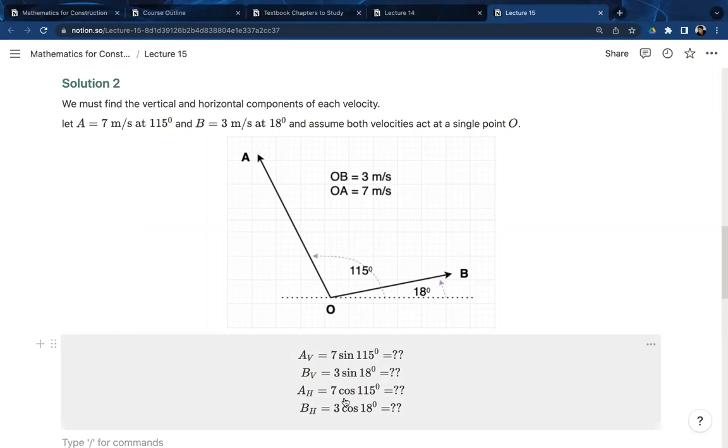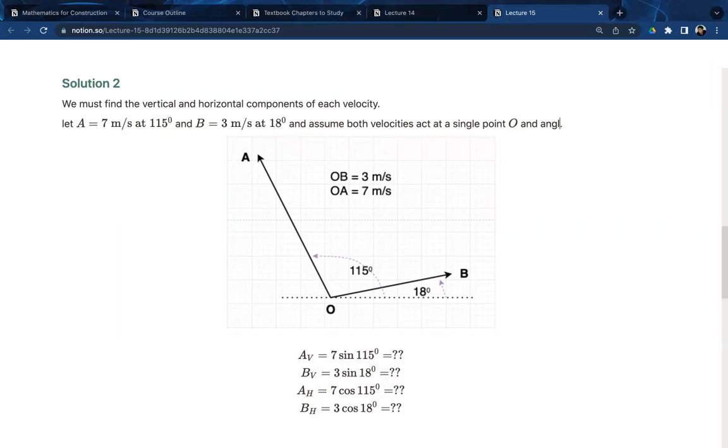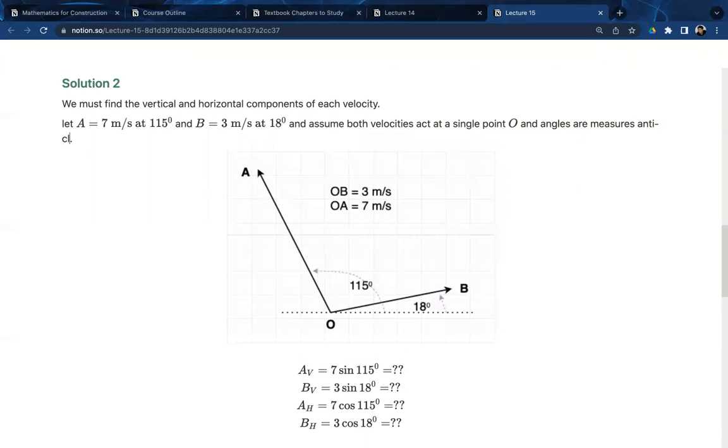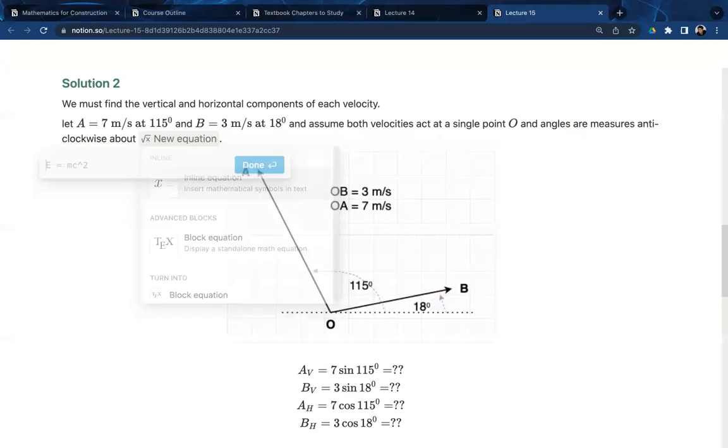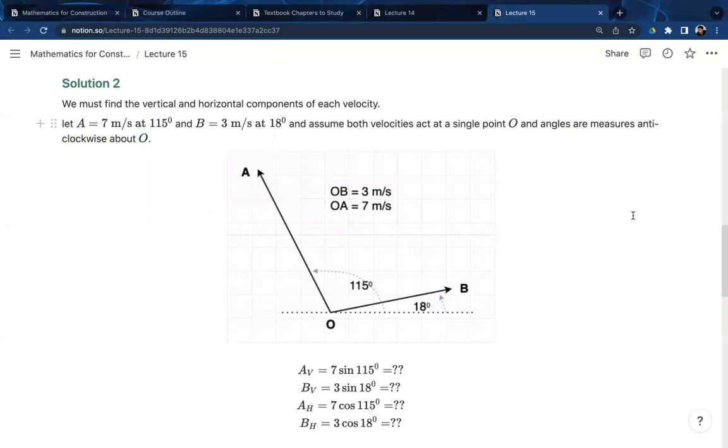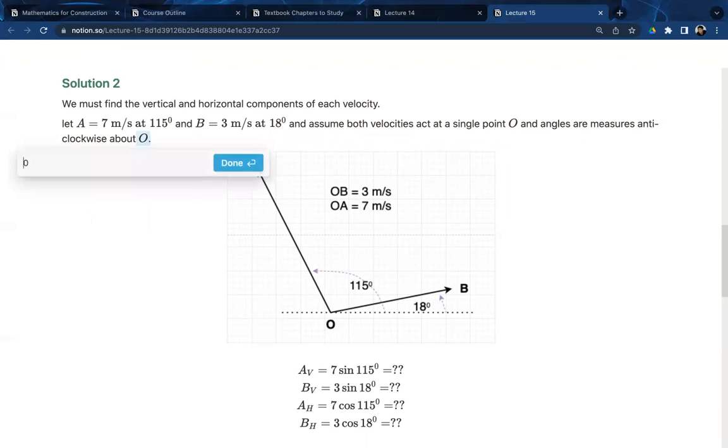What we do, we assume that both velocities act at the same point O, and angles are measured anti-clockwise about O, right? About the horizontal.